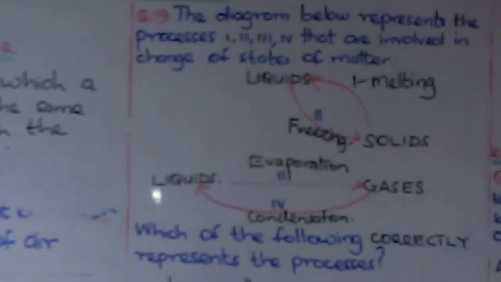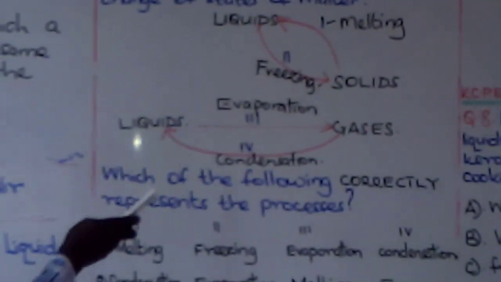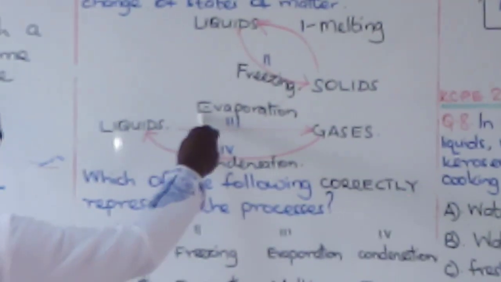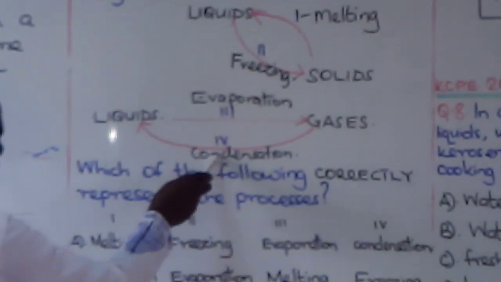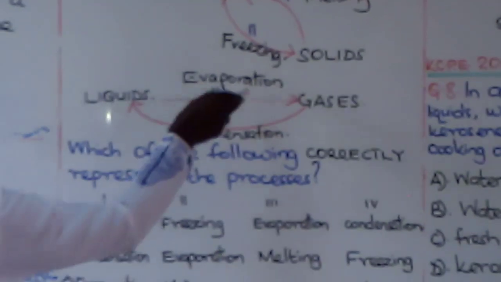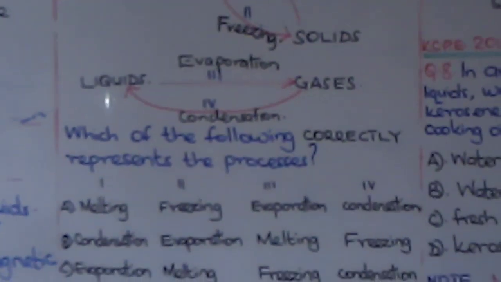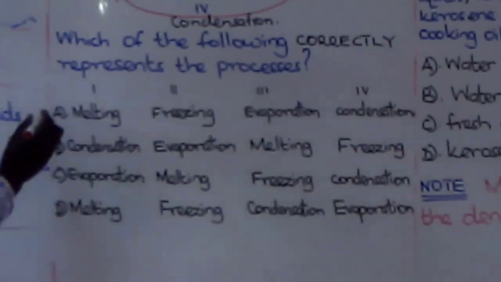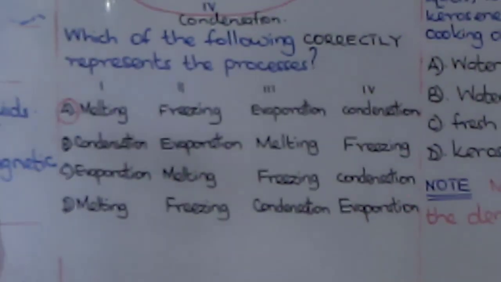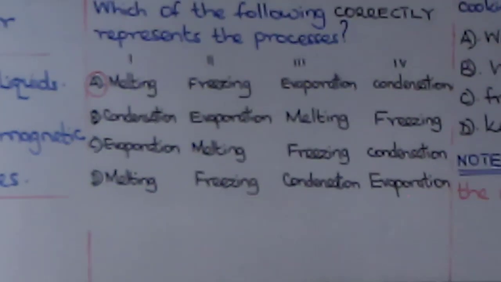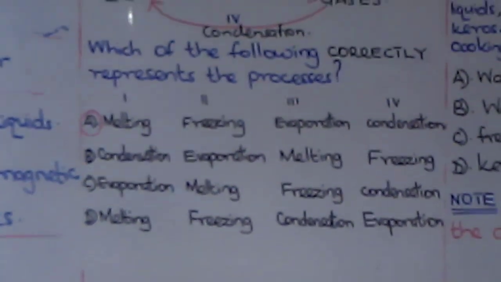Number two is freezing. Number three is evaporation. Number four is condensation. So this is correct. That's exactly what it's supposed to be. And so choice A is the correct choice according to that arrangement.